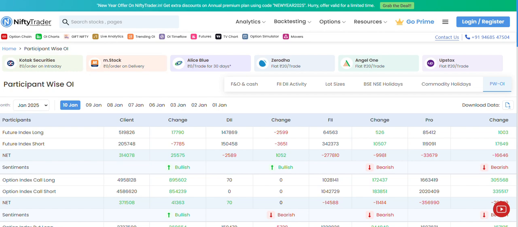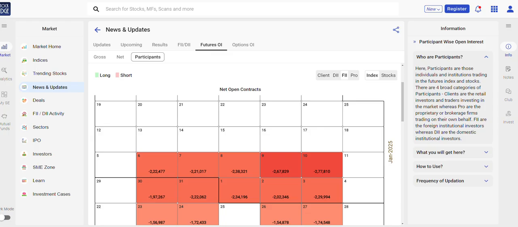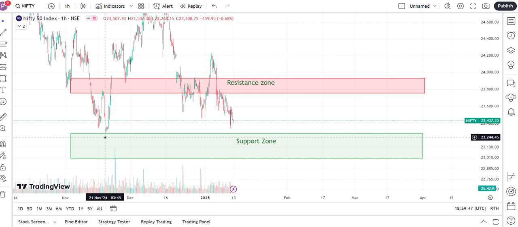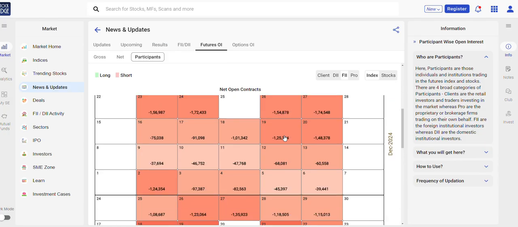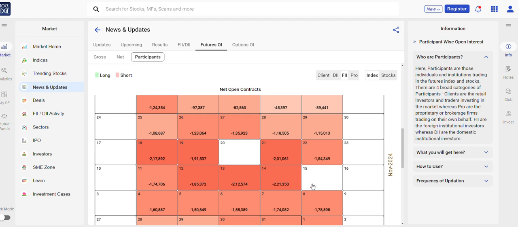And then one more interesting data we want to show, that is the FII short position. If you look at last month's low, that was somewhere around the 19th, plus or minus 2 3 days you can take. So we will look at the same data. If you see this region, the highest short were there at 18th.